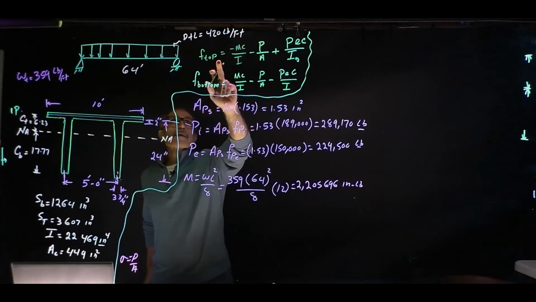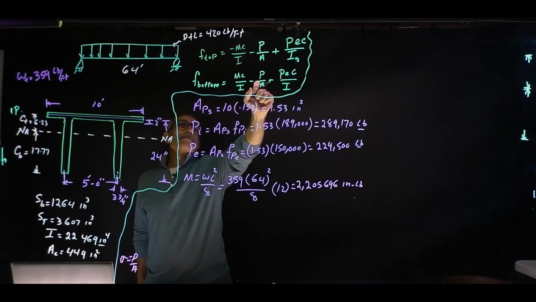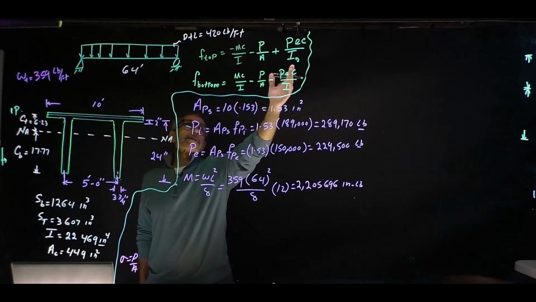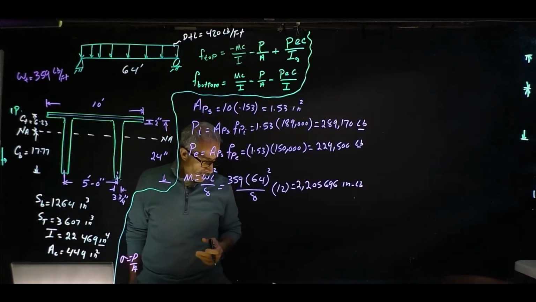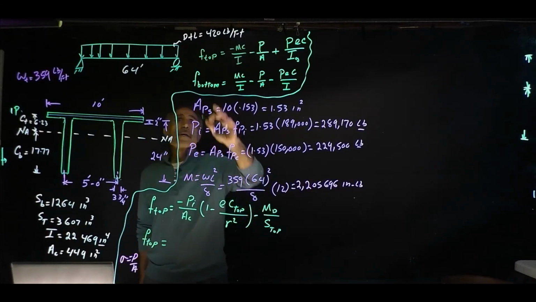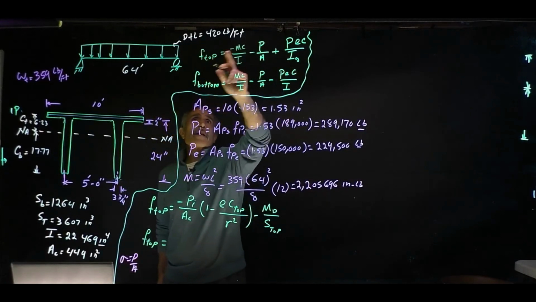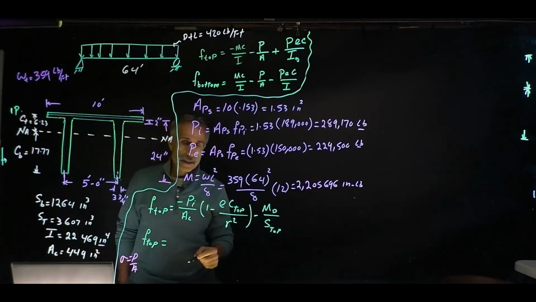So let's rewrite this top formula in terms of radius of gyration and section modulus. I'm going to go ahead and rewrite this f at top based on radius of gyration and section modulus, and this is the formula for it. And let's plug it in.